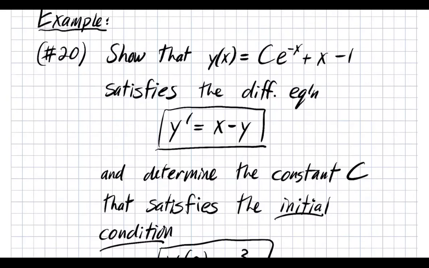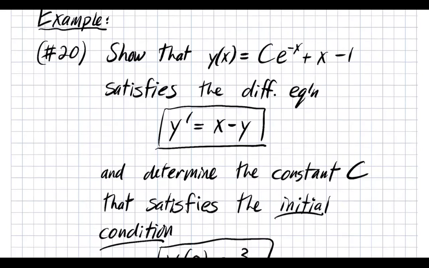So let's look first at this function here. We have y of x equals c e to the negative x plus x minus 1. We'll show that it satisfies this differential equation, y prime equals x minus y. Then after we've made sure that we believe this is a solution, we'll use some additional information to determine the constant c.